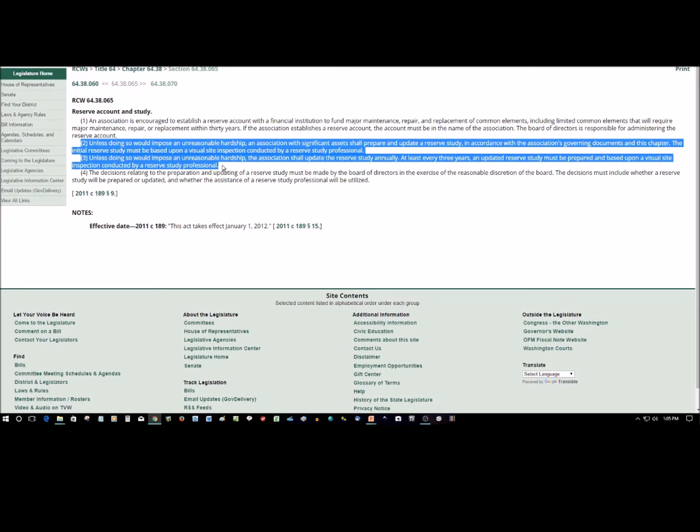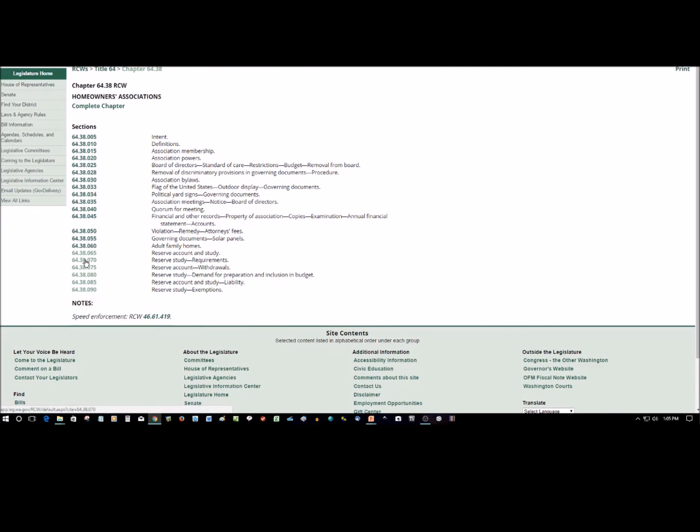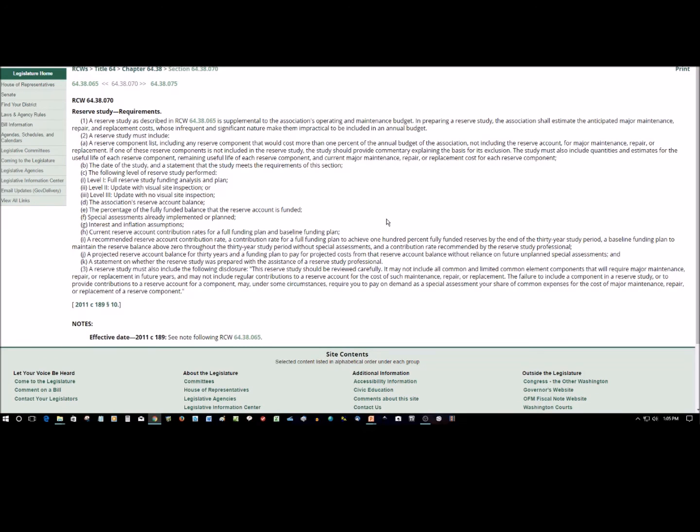In fact, the amount that they can save by following a reserve study and taking its recommendations is much, much greater than the cost of a reserve study. Let's go to the next one down. Reserve study requirements. And again, this goes into what needs to be included in the reserve study, different levels of reserve studies.